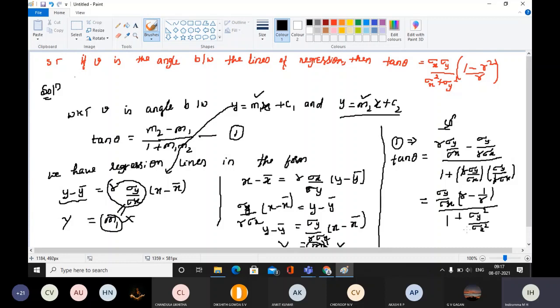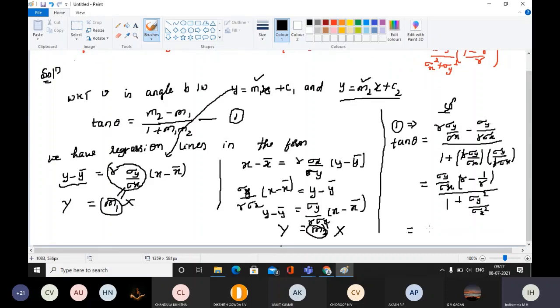Take sigma x square as the LCM in the denominator, so we obtain sigma x square plus sigma y square over sigma x square. In the numerator, sigma y by sigma x, into r square minus 1 over r. So the denominator of the denominator is multiplied to the numerator.